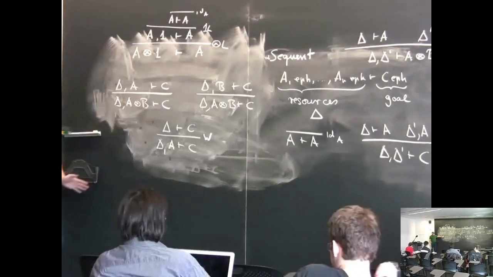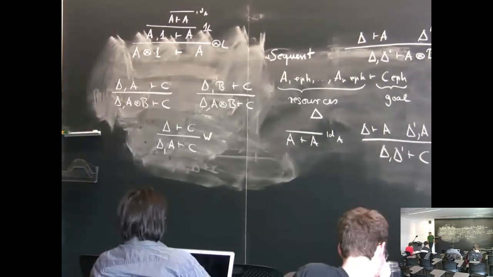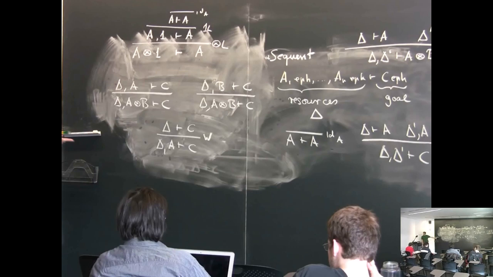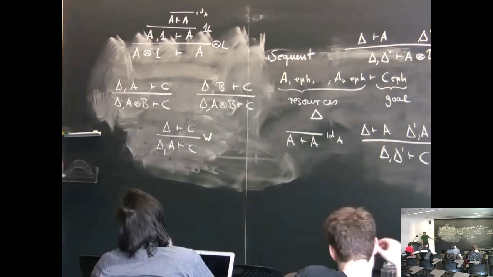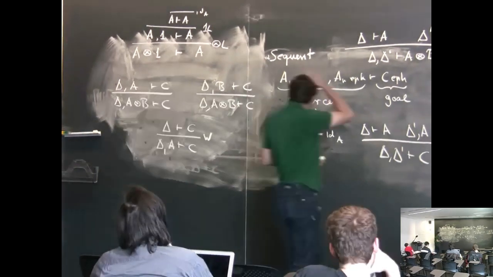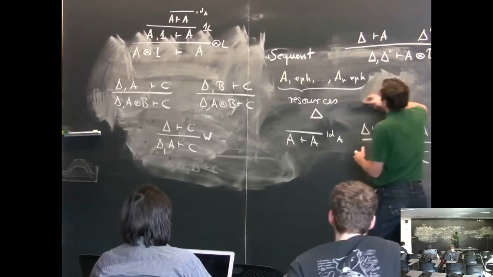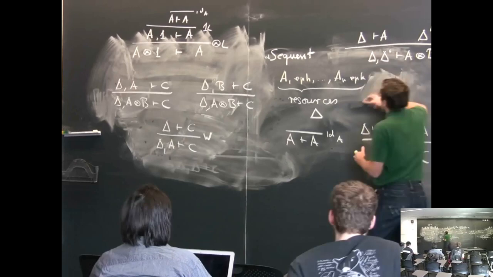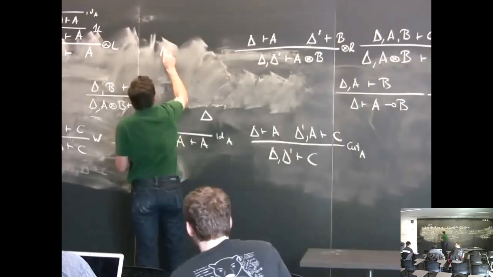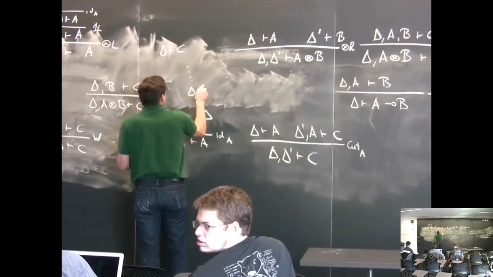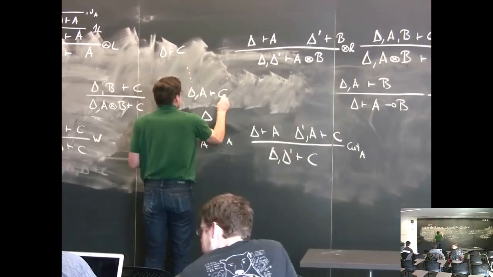And that would basically say that our whole discipline of linear logic is destroyed. Okay. So let's see if we can come up with a proof of this derived rule. Okay. So we know from delta we can prove C, and somehow we want to prove that from delta together with A, we can prove C.